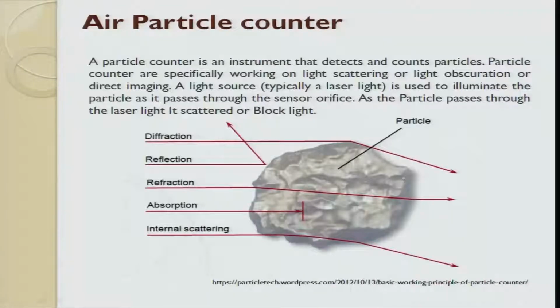So, when the light is here, it can either diffract, or it can reflect back. Refraction might be there, only absorption is the criteria that is used here, internal scattering might be there. So, in general, the researchers have told us that about 67% of the light is used for actual calculation.